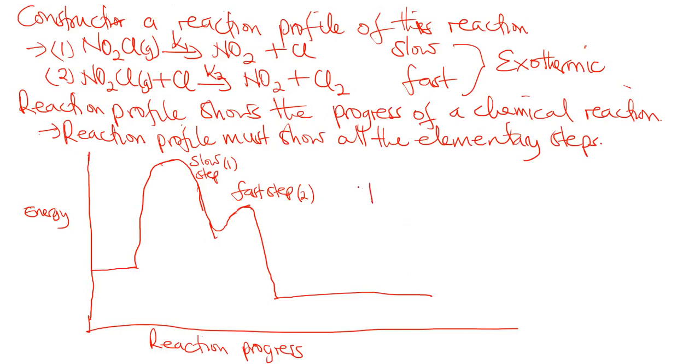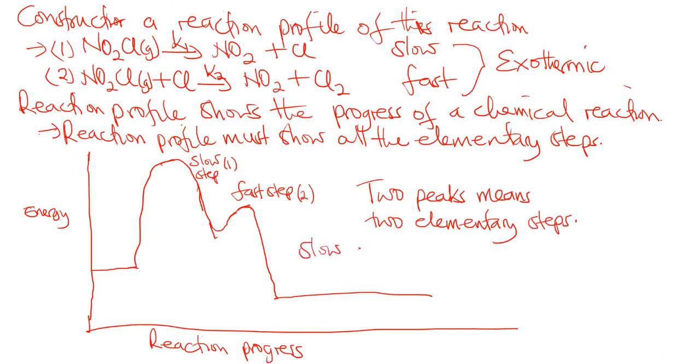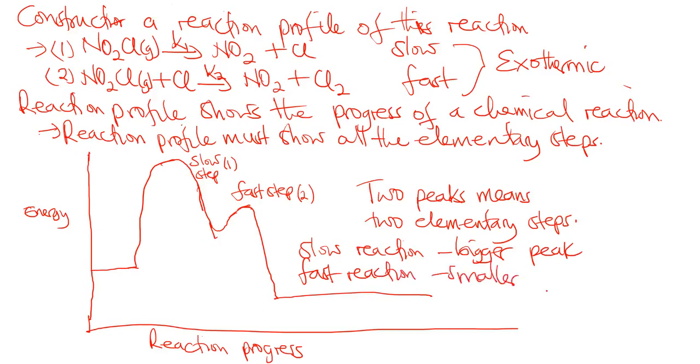So what we are saying is when you have two peaks, this means two elementary steps. So the slow reaction has a bigger peak. The fast reaction has a smaller peak.